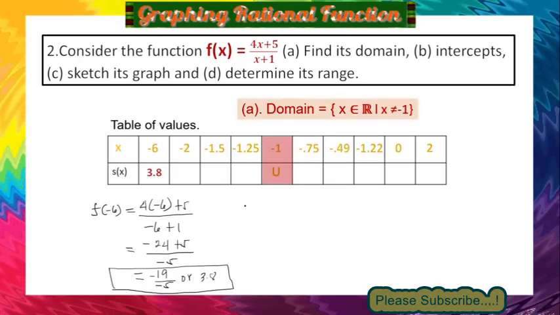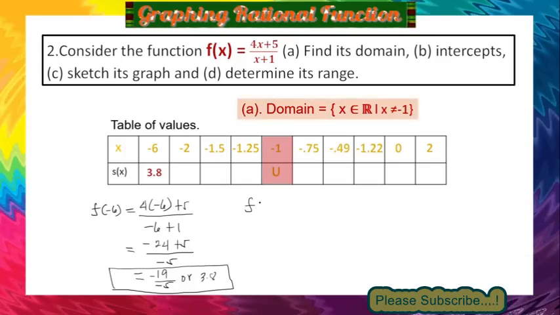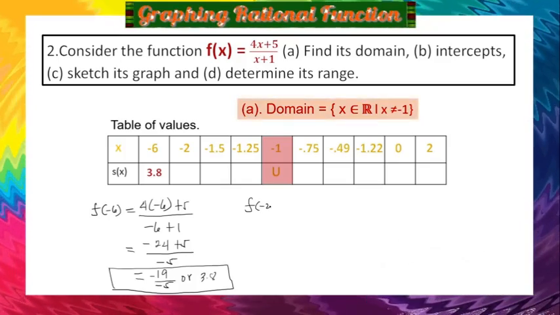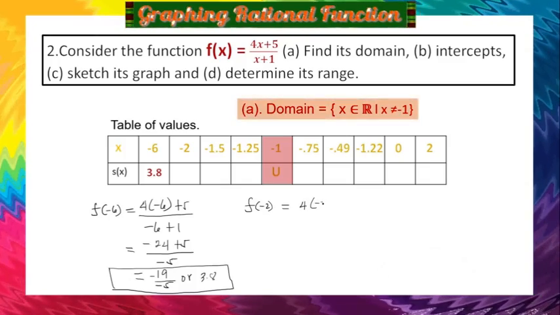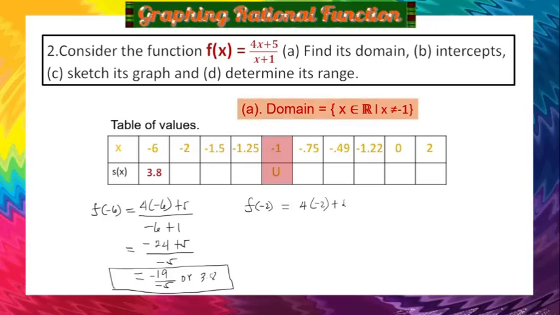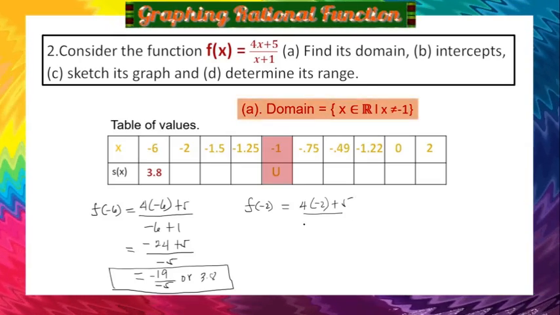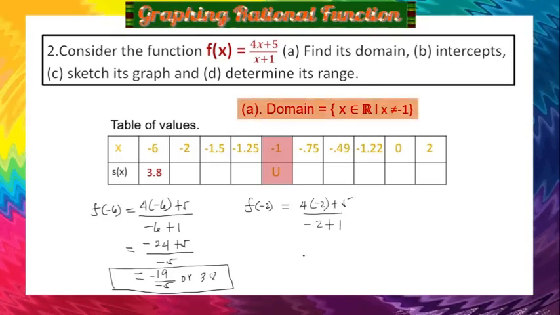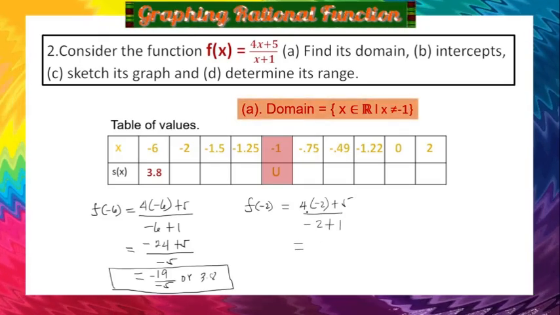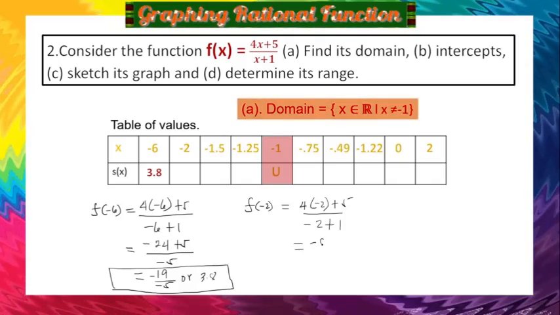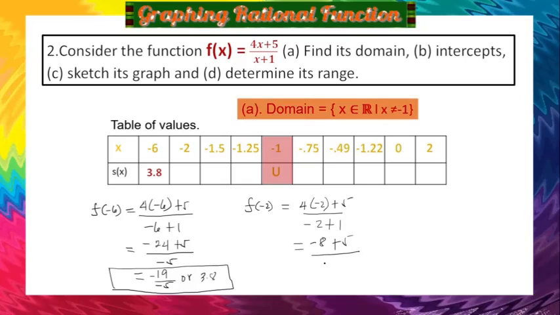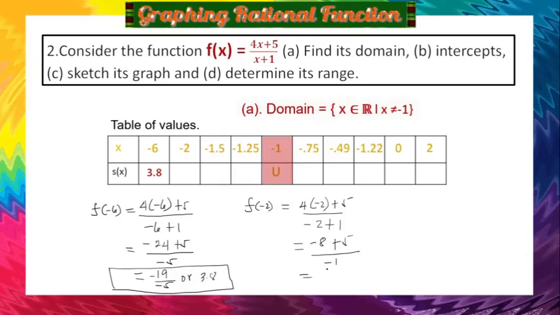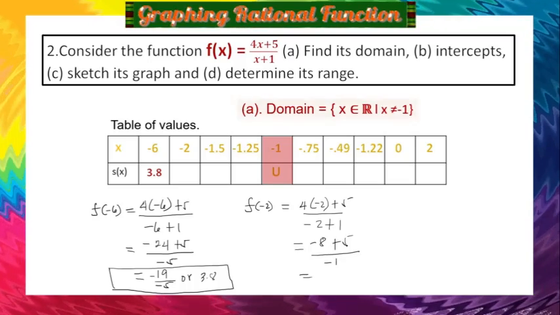the next one is f of x, where x is equal to negative 2. Then by substitution we have 4 times negative 2 plus 5 all over negative 2 plus 1. This is negative 8 plus 5 all over negative 1. So the result is negative 3.